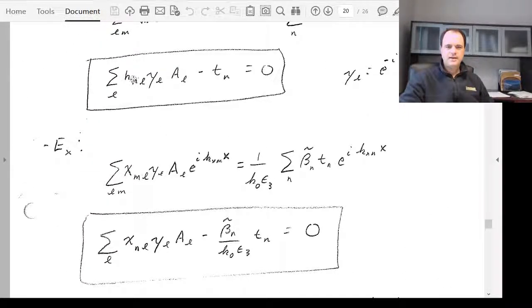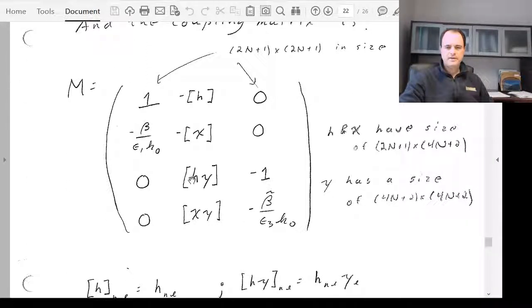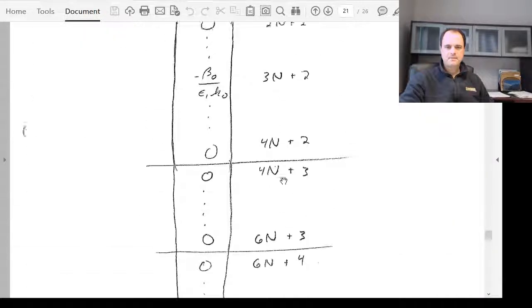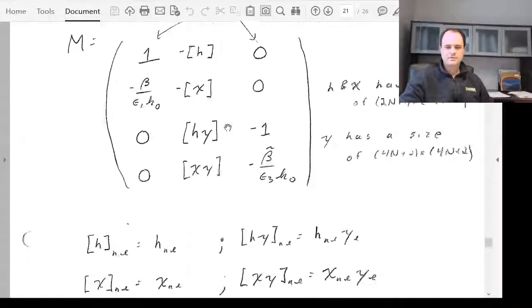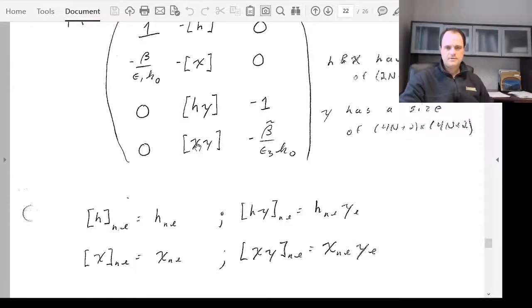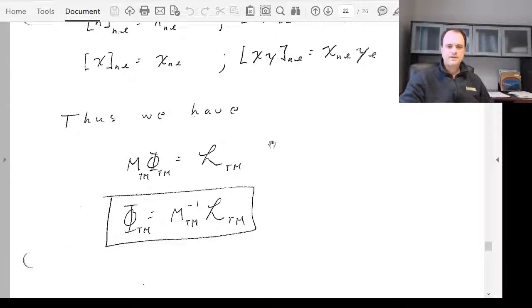We'll have H gamma, and then minus 1, along with the 0, H gamma minus 1, and chi 0, chi gamma minus beta over k naught epsilon. 0 for the r's. Chi gamma minus beta tilde epsilon 3 over k naught. All right.